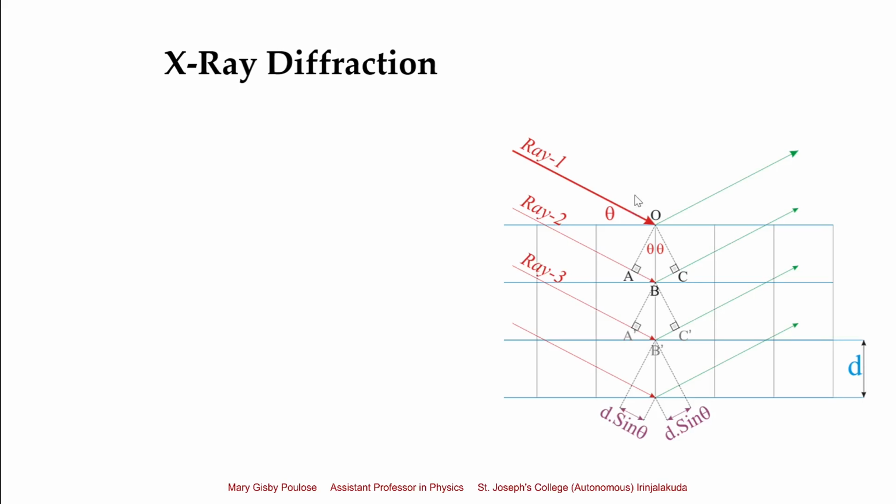When light falls on a crystal, a few rays fall on the surface, other rays penetrate to the first layer beneath it, then other rays penetrate to the second layer beneath it. A few rays will penetrate into the different layers and get diffracted from these different layers. And these diffracted beams superimpose or interfere to produce the diffraction pattern.